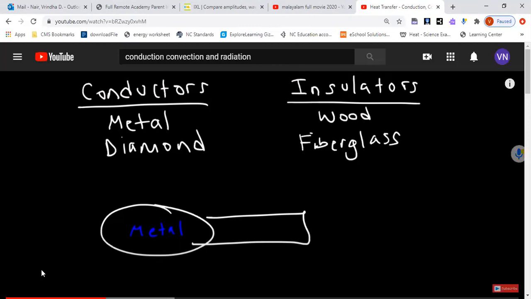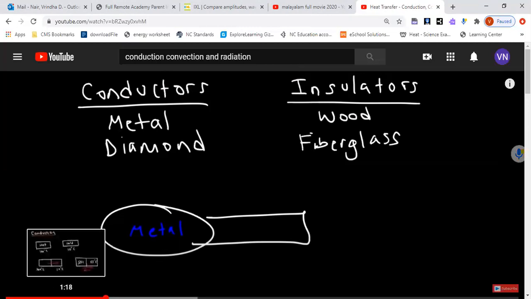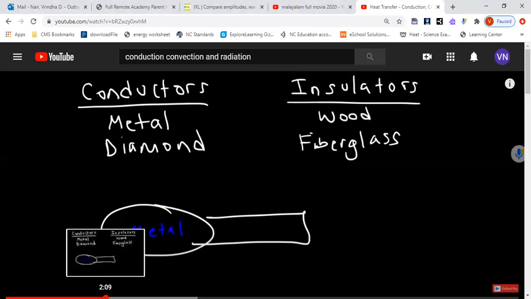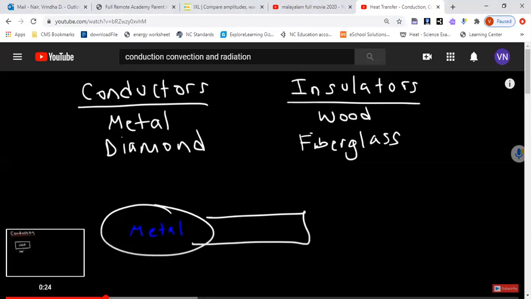Materials that allow electrons to go through are called conductors, and those which do not allow the electrons to go through are called insulators. We have done this in class, so this is just a revision for you before you move on to the 7th grade.